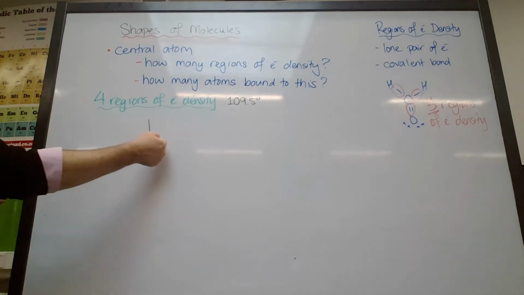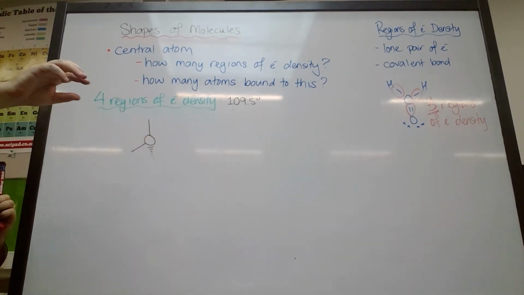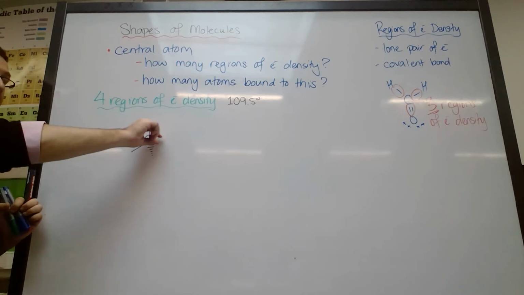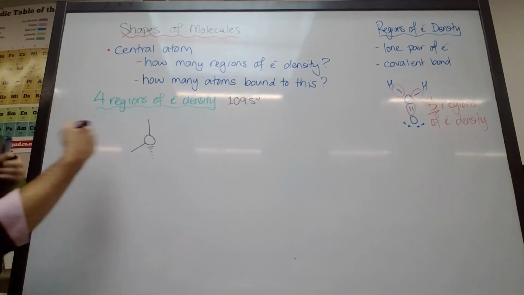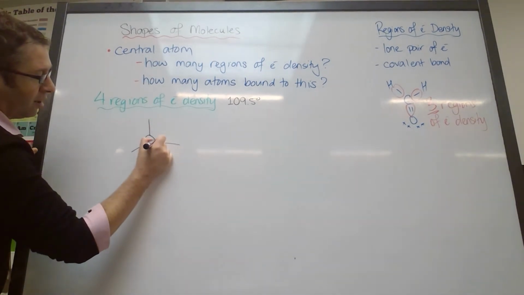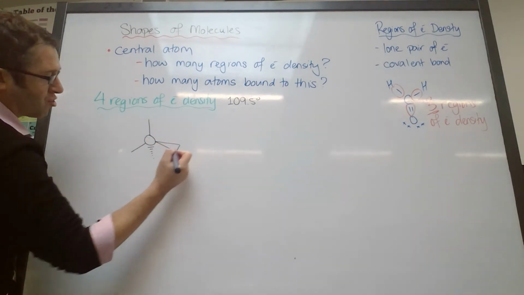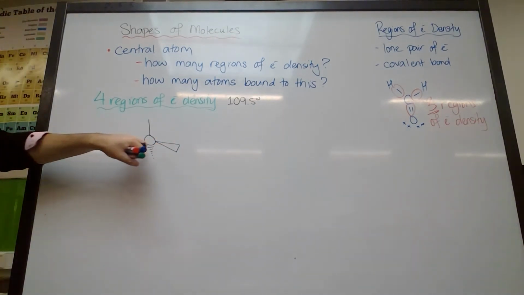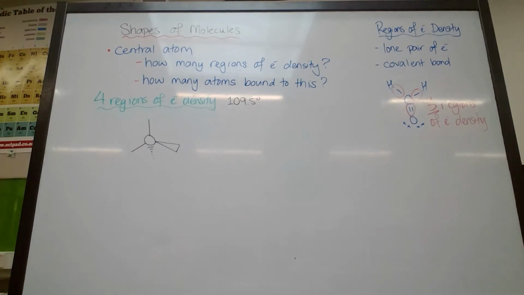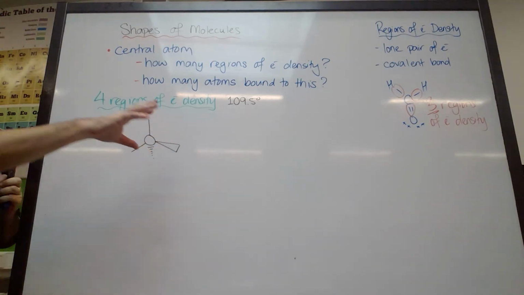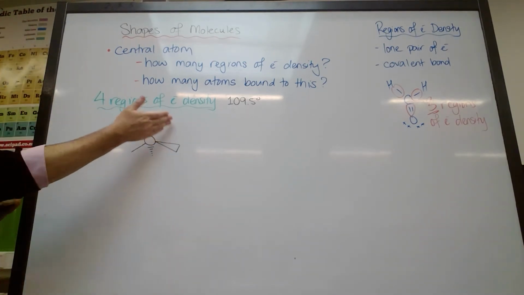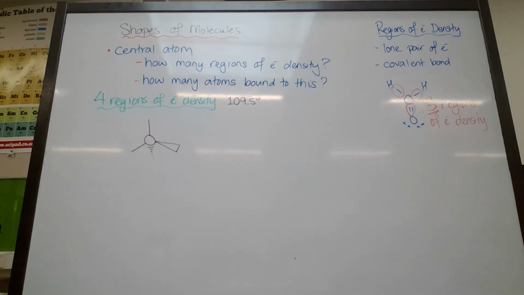And then out here, there'll be one sticking out, but it will be coming out of the board at us. So we create a triangle that gets bigger and bigger, so it's getting wider to show the illusion of that coming out of the board at us. And that's how I show four regions of electron density.